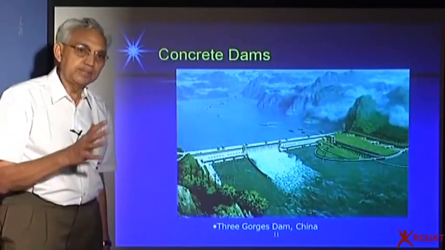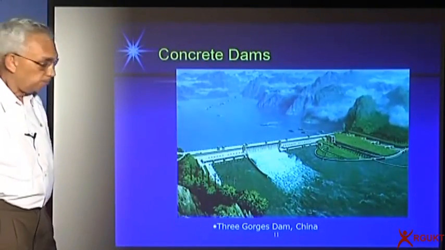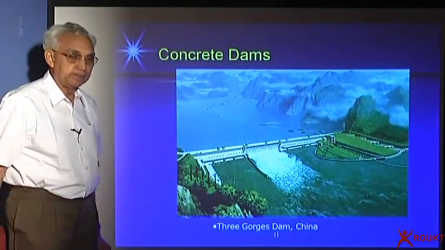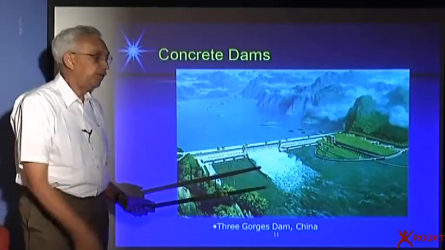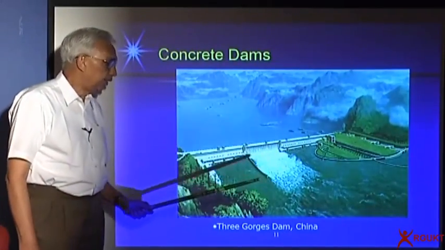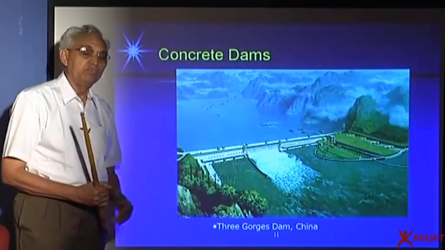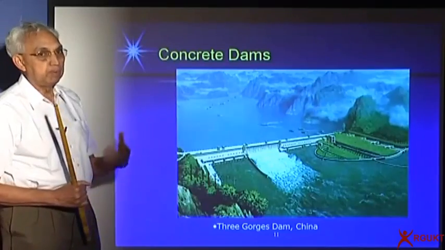One of the most classic examples of dams is the Three Gorges Dam in China. It's the largest engineering project in the world for all time, and it has cost more than a few billion dollars. It was completed about 4 or 5 years ago, and interestingly, we also use dams, for example, like Srisailam, to generate power.